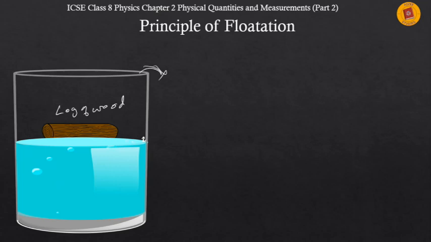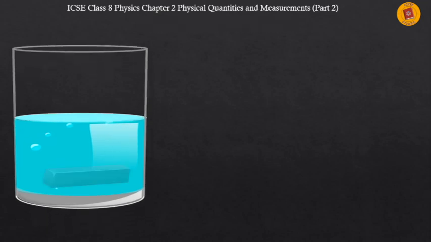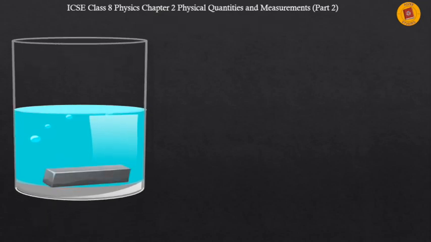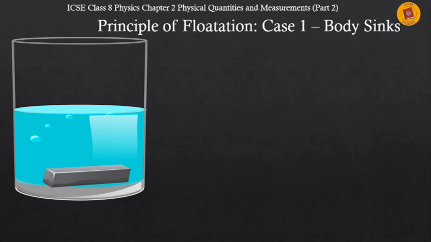That weight of liquid will be equal to the upthrust, right? Even if it floats on water, it need not sink down. So let's study the cases. There can be three cases.